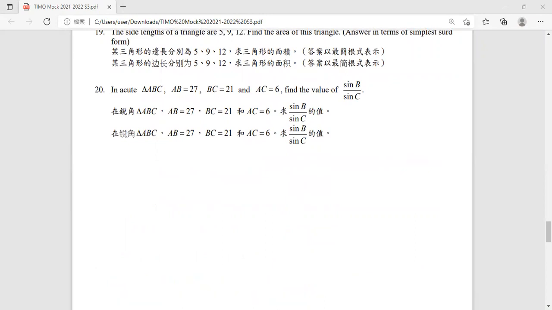Now question 20. In triangle ABC, AB is 27, and the other sides are given. Actually, this one is also straightforward, nothing special, but you can't do it at the moment.